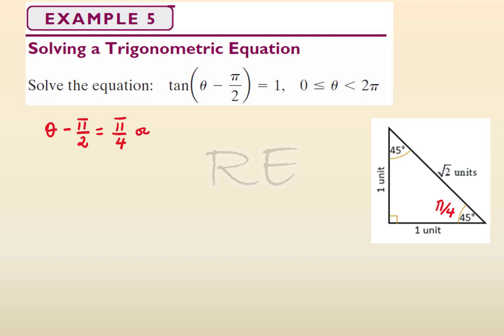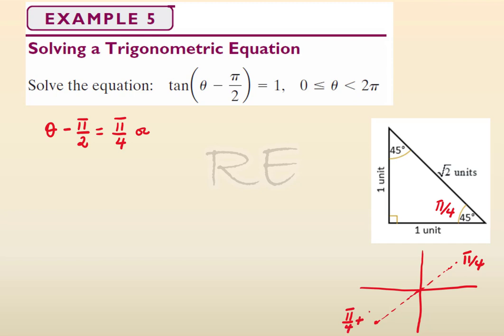Therefore, the argument theta minus pi over 2 is equal to pi over 4. Tangent is positive in the first quadrant.